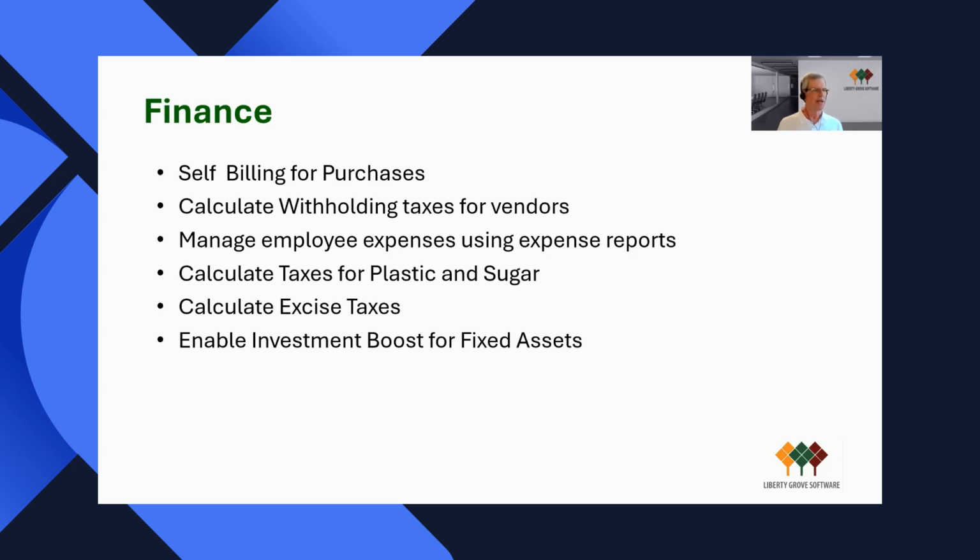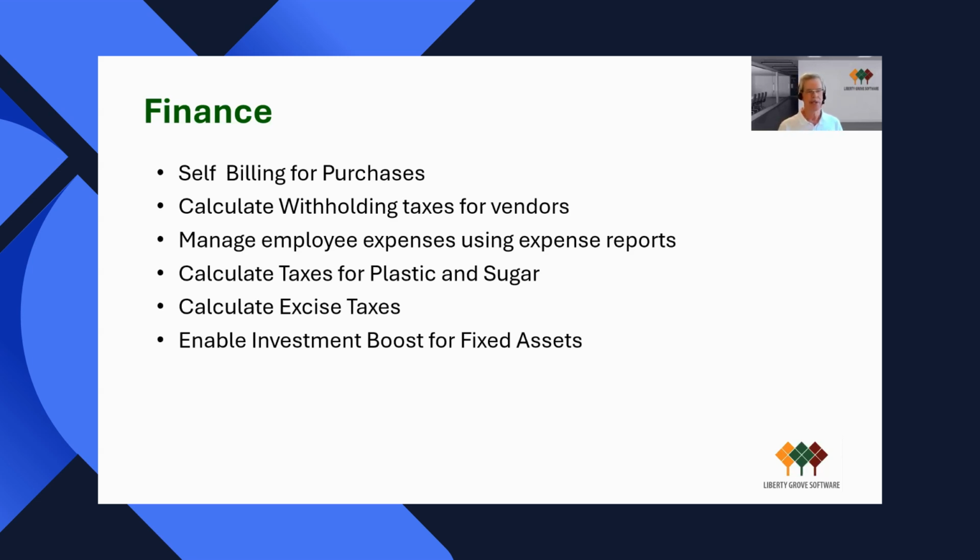So the next one is enabling the investment boost related to fixed assets. What this relates to is there are a number of programs underway right now to encourage capital investment. The concept, if you dig into the Learn documentation for this, is that when you activate your asset, you may be able to write off an additional, say, 20%.